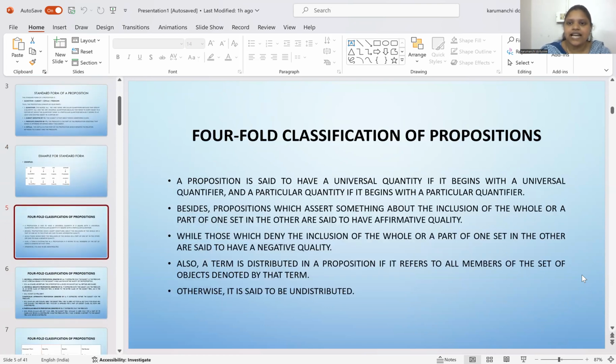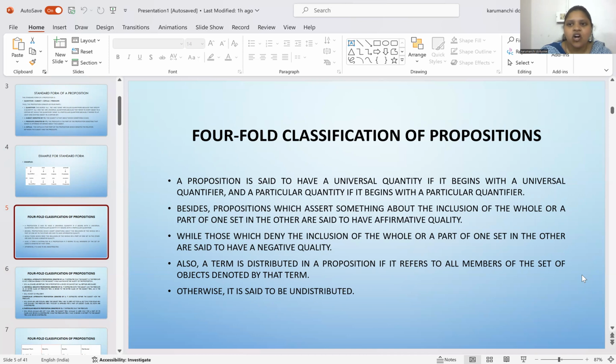The fourfold classification of propositions, we have discussed this in a previous class. A proposition is said to have a universal quantity if it begins with a universal quantifier, and a particular quantity if it begins with a particular quantifier.